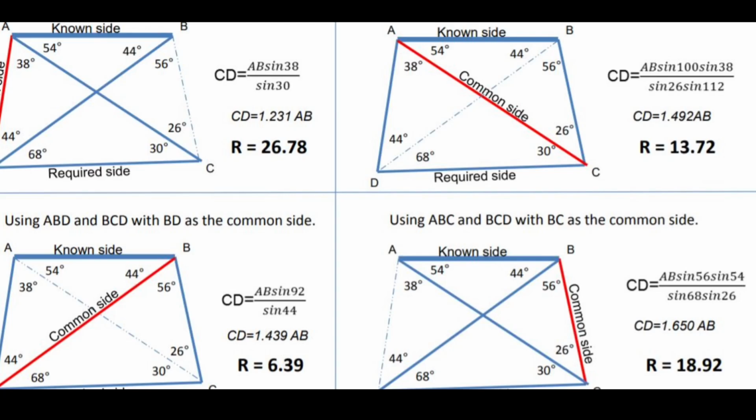And then if we compute using the other lines as common side, you get R 13.72, and then R 6.39, R is 18.92. So the smallest is R equal to 6.39 if we use the common side BD. So we will use BD here as our common side in computing for our required side. Okay, so that's how you use the strength of figure.